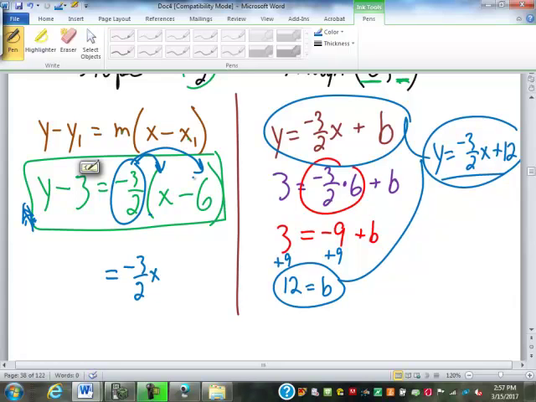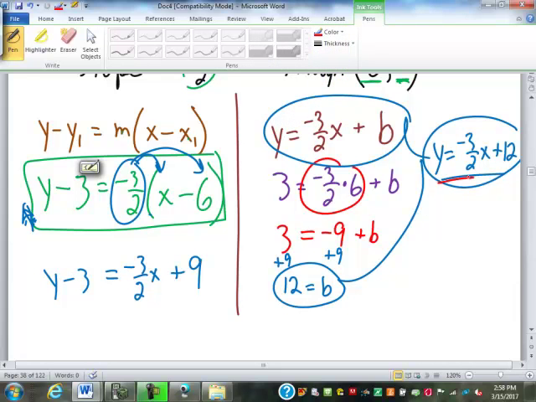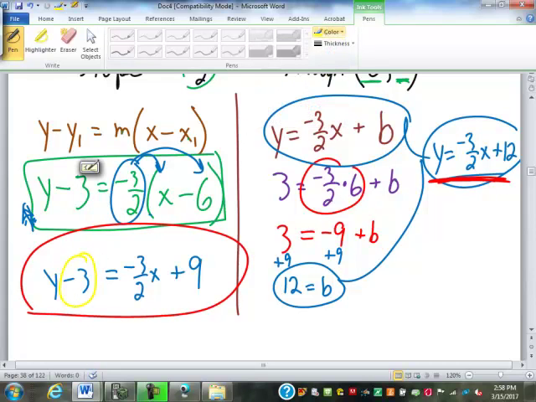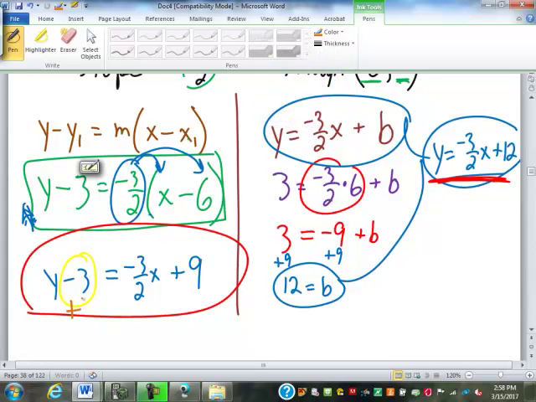Negative 3/2 times negative 6 is a positive 9. So I've got y minus 3 here. The only difference between this equation and this one right now is the minus 3 there. How do I get rid of that minus 3? I'm going to add 3.